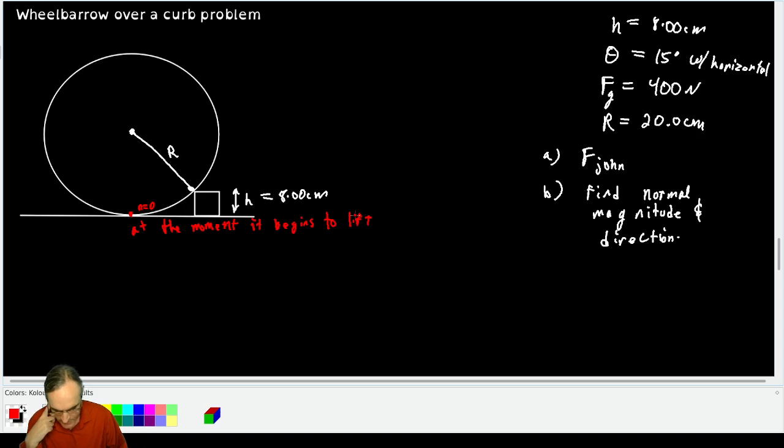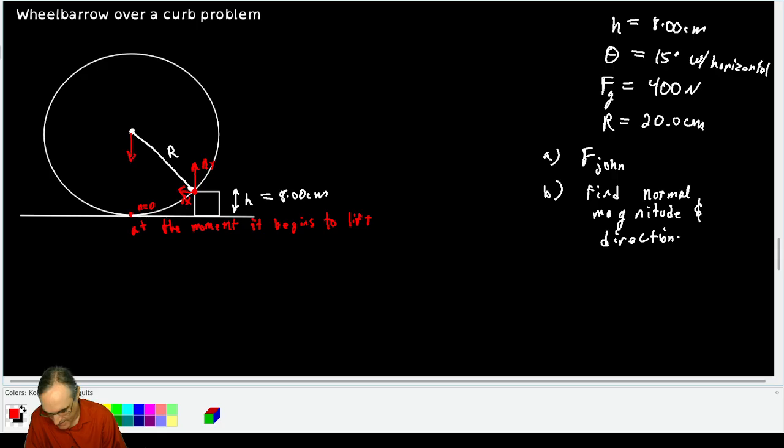So just as it starts to go over top of this, we're going to have that normal going to 0. We do still have normal forces here. We've got a vertical component in y and a horizontal component in x due to the brick. We'll use the n in x and n in y eventually to figure out the magnitude and the direction.